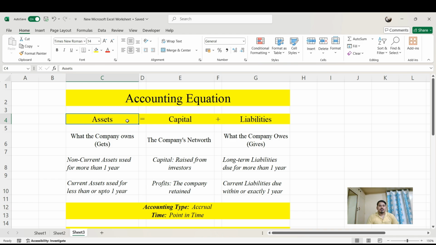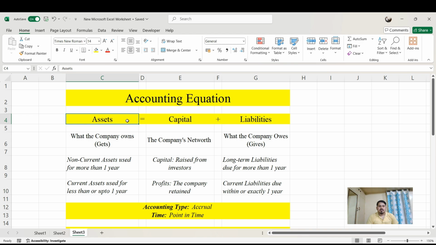Non-current assets are those which can be used for more than 1 year, like land and building, plant and machinery, furniture, certain equipment, etc. Current assets are those which have to be used within 1 year. That is your debtors, bills receivable, cash and cash equivalents, etc.